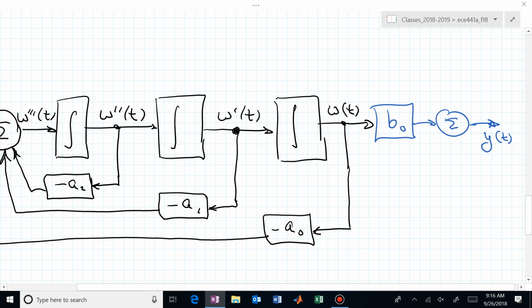I'm going to pull off W prime, and that point could have been the same place or node that I had before, but I'm just trying not to go through my W prime. This is now B1.